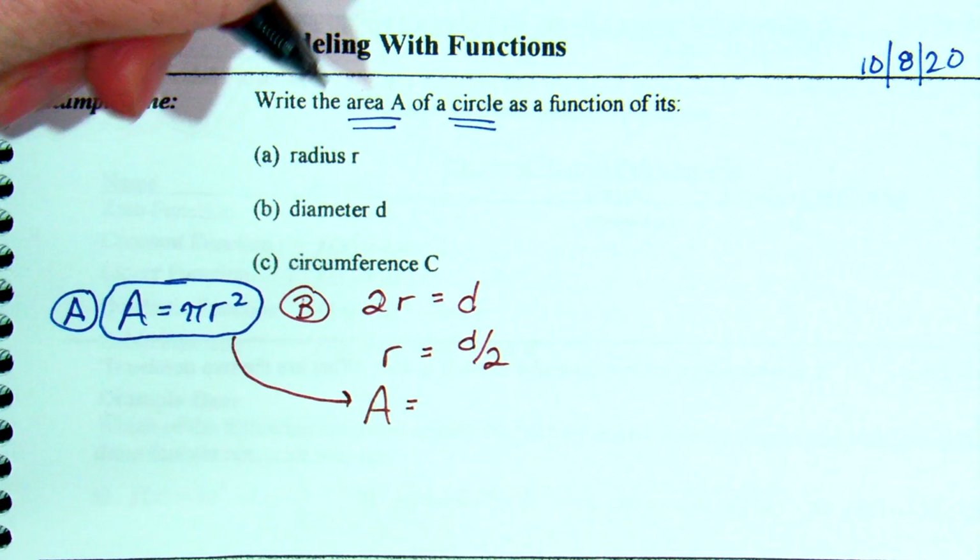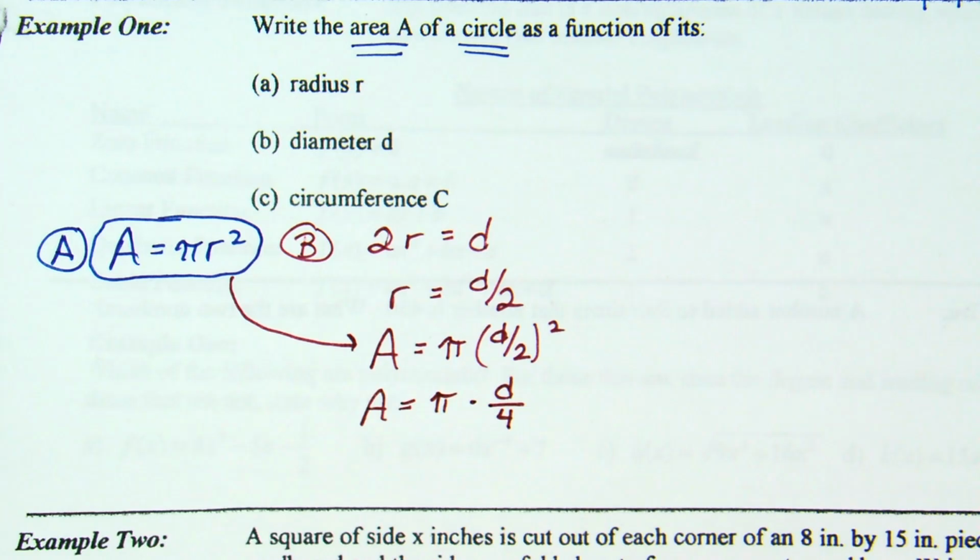No. How do we square the fraction d over 2? And there's a couple of different ways we could write this. We could put it as all one fraction. If we put it as all one fraction, that's pi d over 4.